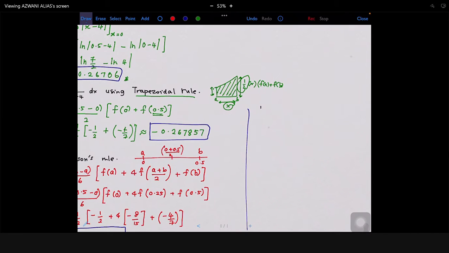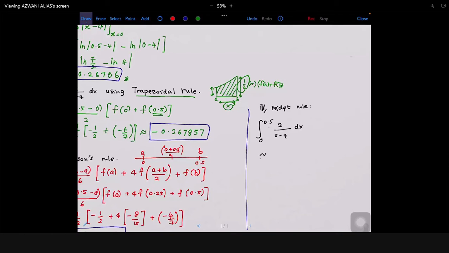So let's say kita find the solution menggunakan midpoint rule. Okay, using midpoint rule, integrate 0.5 2 bahagi x minus 4 with respect to x.